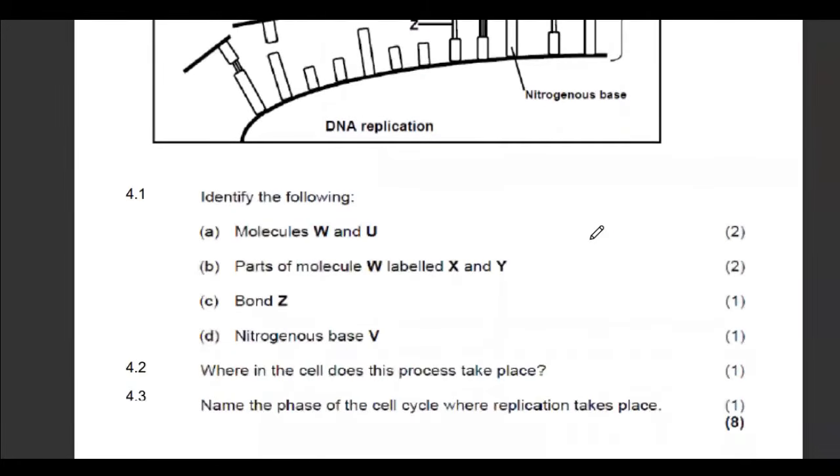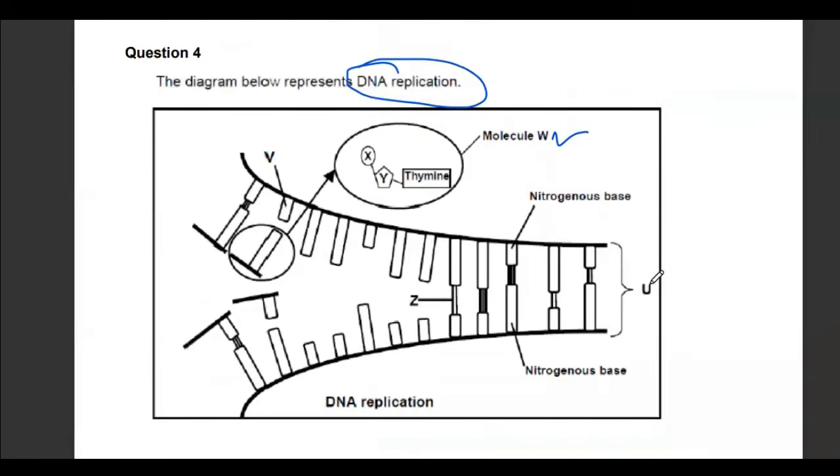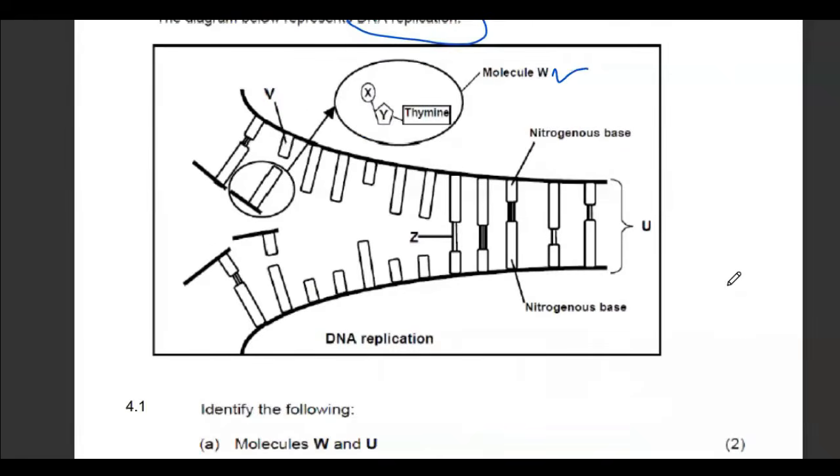So question them. Molecule W, where is molecule W? We have seen it, molecule W is here. It is a nucleotide, correct. Molecule U, where is molecule U? The whole molecule is DNA, correct.